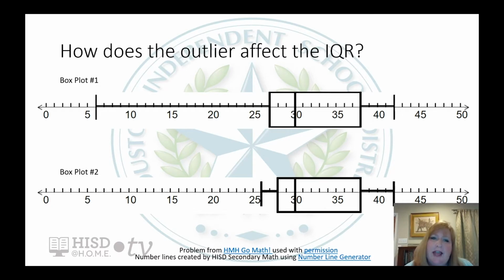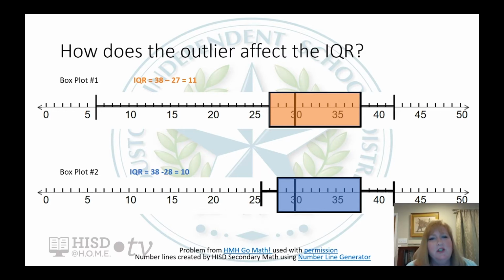The first question asks, how does the outlier affect the IQR? Now the IQR is a special value that takes the distance between Q1 and Q3. We can see for box plot 1, the IQR ranges from 38 to 27, and when I take that difference, I get 11.